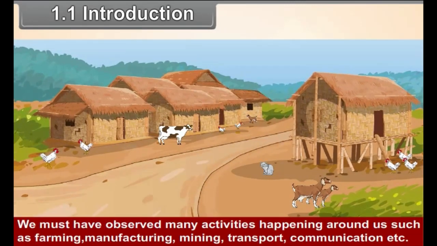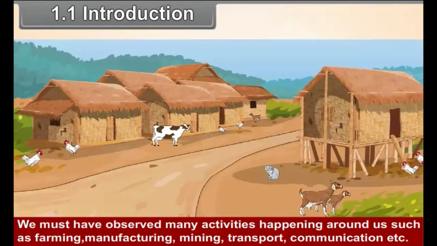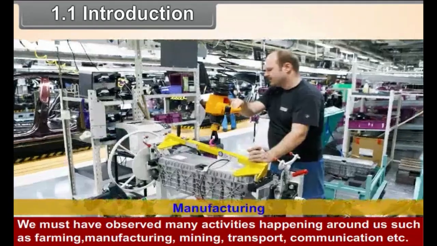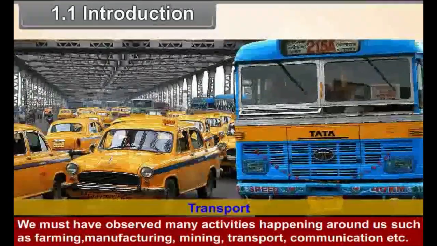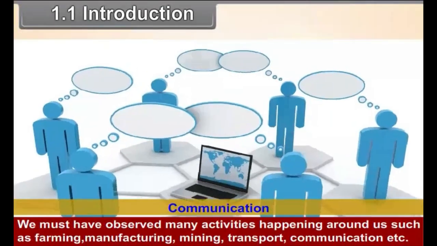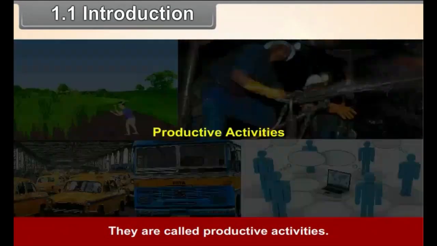1.1, Introduction. We must have observed many activities happening around us, such as farming, manufacturing, mining, transport, communication, etc. They are called productive activities. Definition.